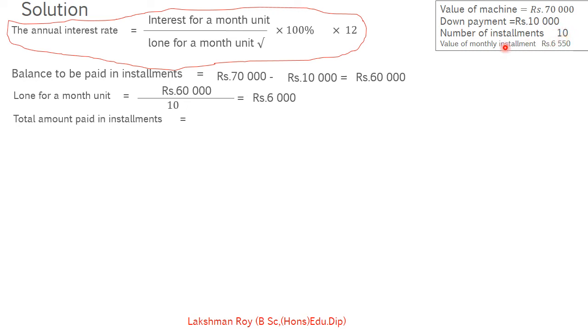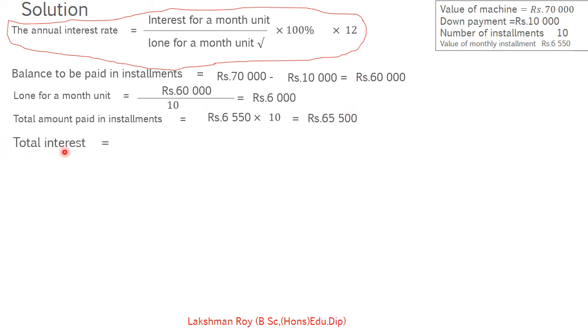Every month you pay 6,550, so 6,550 times 10 gives 65,500 rupees. If there is no interest, the total balance to pay is 60,000. If there is interest, 65,500. So there is a big gap, and that gap is interest.